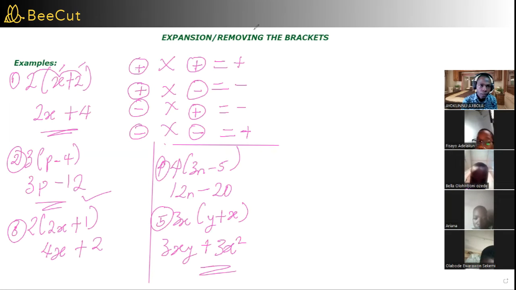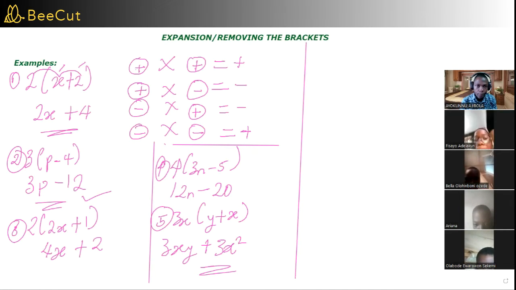I divide the page again so we can move on and solve for the examples. So here, remember we said when we're solving anything on expansion, it means we are removing the brackets. So the next question I want to look at is 3m into 5 minus 2m.